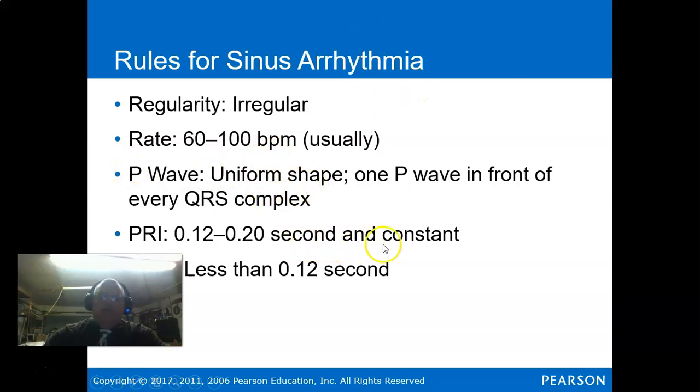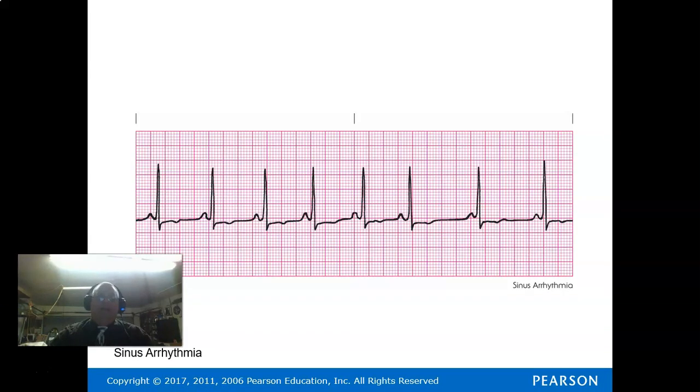So the key thing here, guys, is that the QRS is irregular versus the regular rhythm. And the heart rate in sinus arrhythmia is usually 60 to 100. You might even see it in a little bit higher tachycardia rhythm. So if you look at this one, okay, is it regular? Well, look at this guy right here.